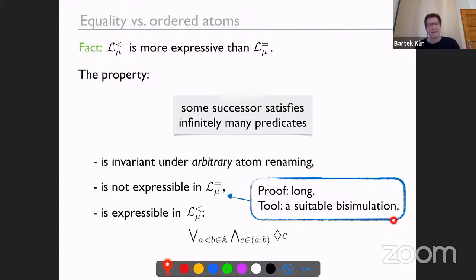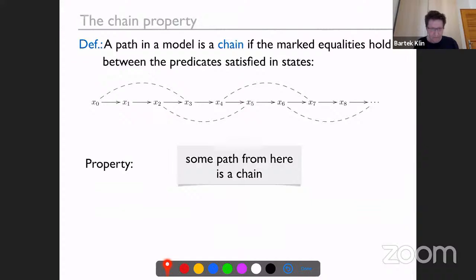You say that two models satisfy the same formulas if and only if they are related by some bisimulation, and then you show bisimilar models so that one of them satisfies the property under consideration and the other one does not. This is what the proof looks like in all inexpressibility results here, and they are not very easy.